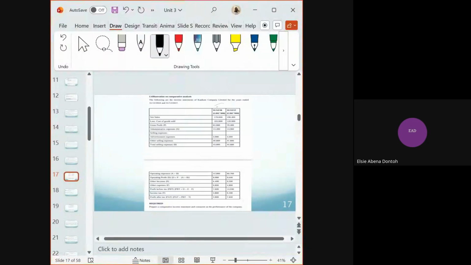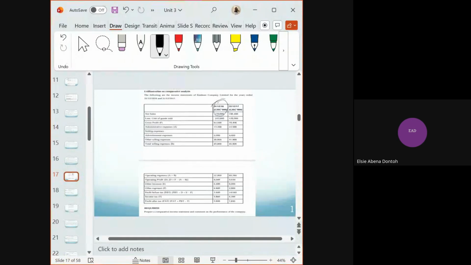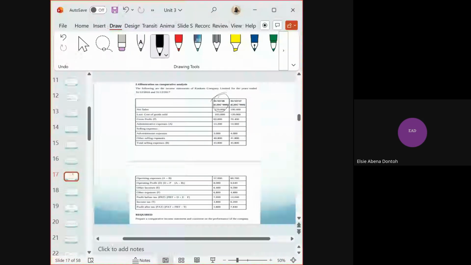So we'll use 2016 as the base year to enable us compare between these years. So to compare net sales for 2016 and 2017, since 2016 is the base year, the percentage will be 100%, but then we can track the changes when we compare it using 2017.